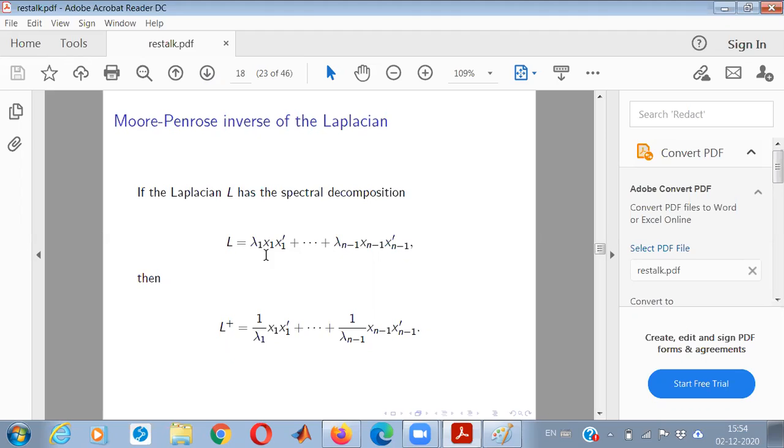I'm taking the spectral decomposition, assuming L to be symmetric and of rank n minus 1. If you just invert the non-zero eigenvalues, with the same eigenvector projections, then you get the Moore-Penrose inverse. So actually, the Moore-Penrose inverse as a concept and singular value decomposition, in my opinion, are the same. Whatever you can do with singular value decomposition, you can do in terms of Moore-Penrose. That is why I think it's very rich in terms of application.